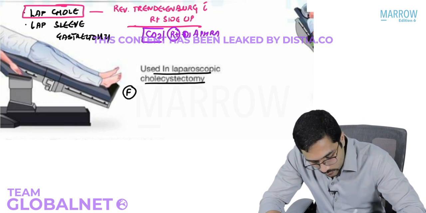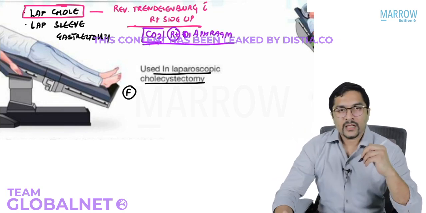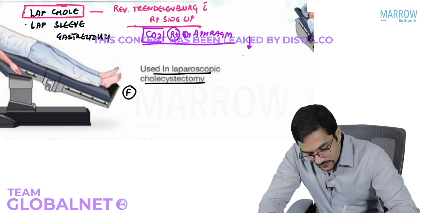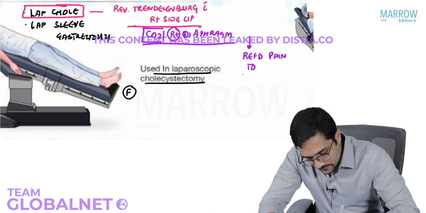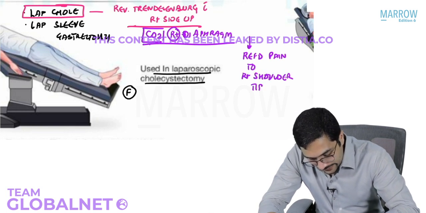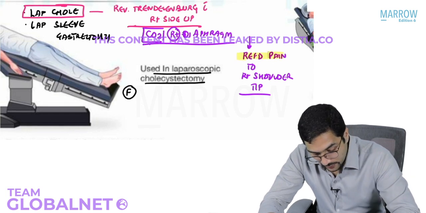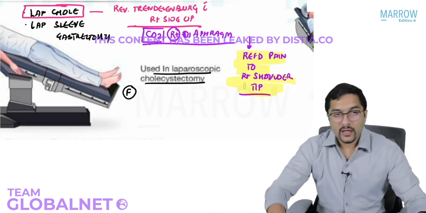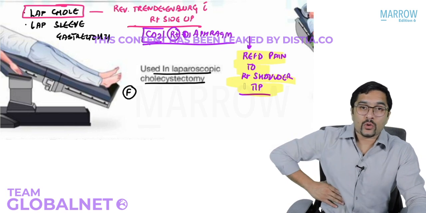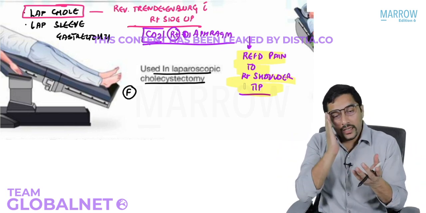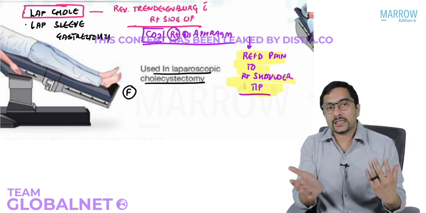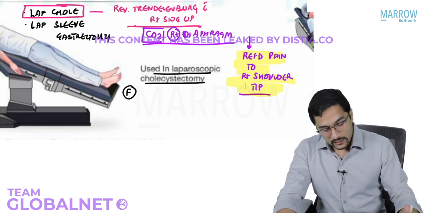And when the CO2 goes below the right diaphragm, this can cause referred pain to the right shoulder tip, and that is the most common complication following laparoscopic cholecystectomy. This is because of retained CO2 due to the position of the patient. So you can see how the position is also affecting the complications which a patient is getting after surgery.